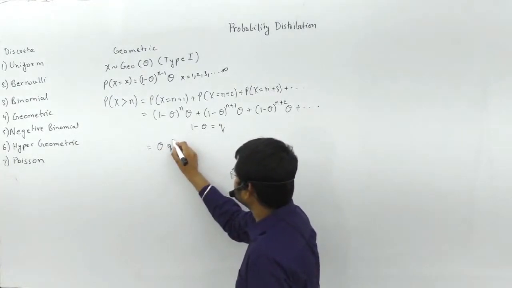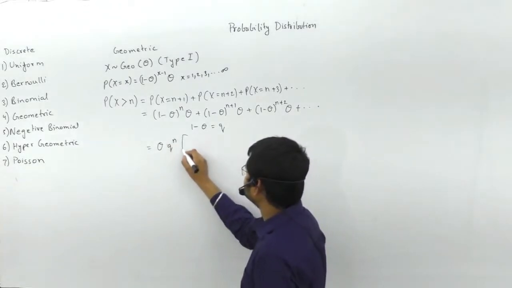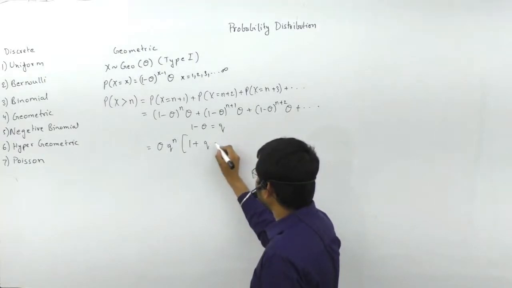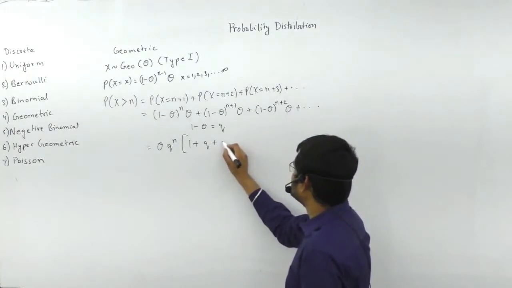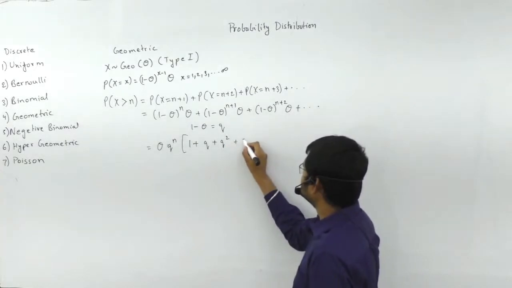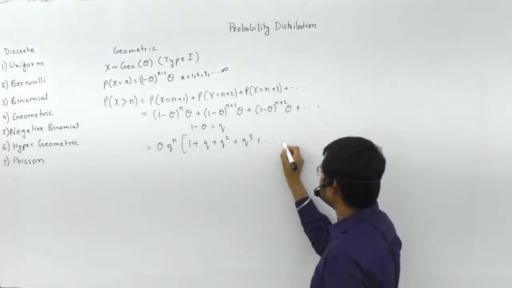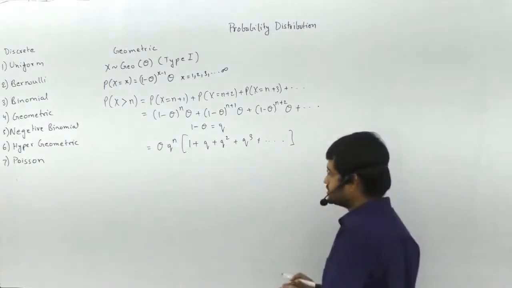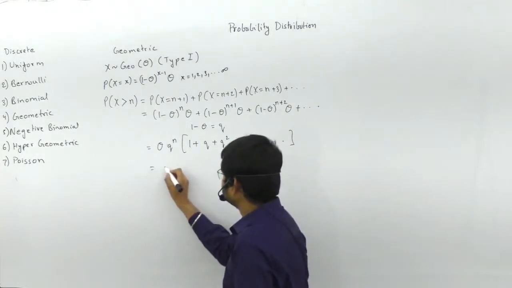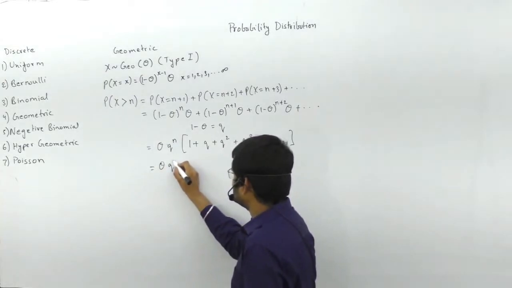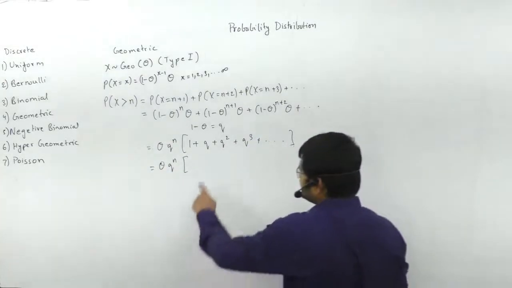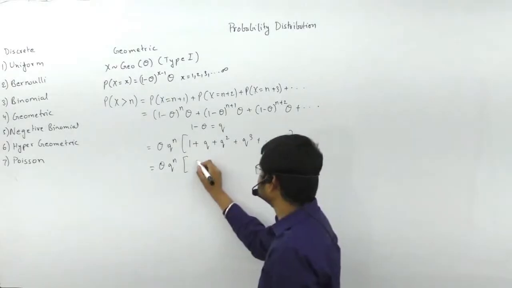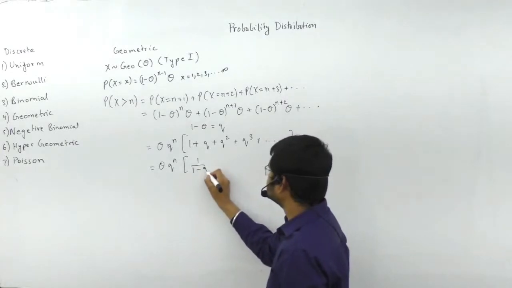So q raised to n I have taken common, and I am left with 1 plus q, then q square, then q cube and so on till infinity. Now this is nothing but geometric progression. So for the sum of geometric progression, we'll have first term as 1 and a ratio as q. So here we'll have 1 upon 1 minus q.